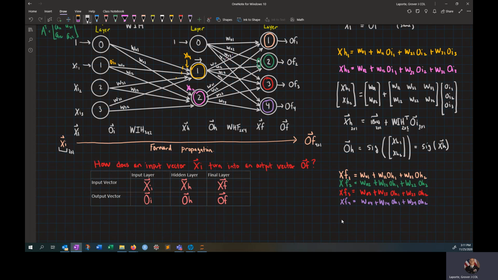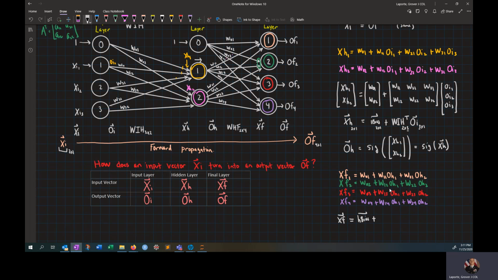So we're going to let XF, the input to the final layer, simply be equal to, I'm going to call it H bias, and it's a vector. In this case, H bias is this W01, O2, O3, and O4, so this stuff.